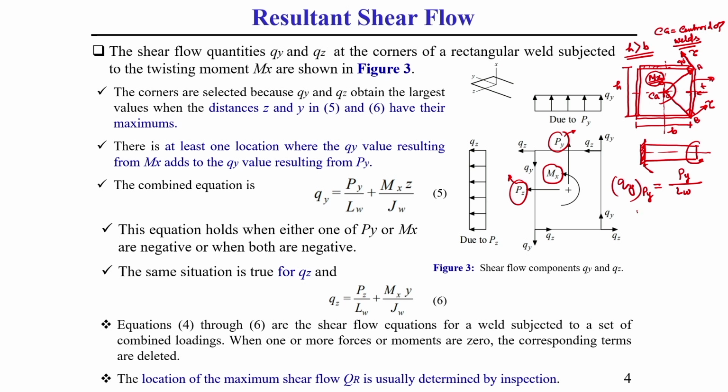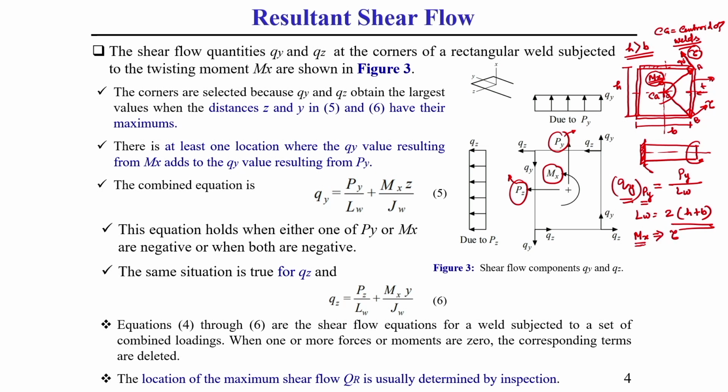So, here it is a rectangle, so Lw should be 2 into (H plus B), because 2 height sides and 2 breadth sides, that is why Lw is this. You can say this is the shear flow due to direct force Py. Due to Mx, by Mx also we are getting a shear stress tau, correct.